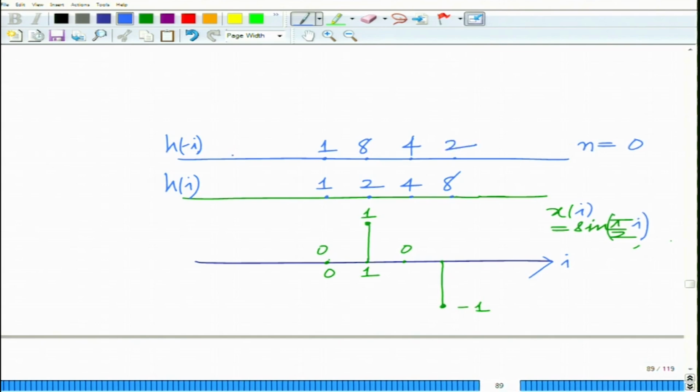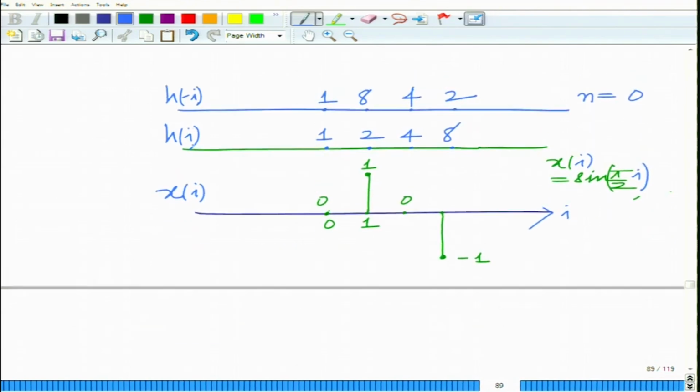So, this is your h of minus I. Now, corresponding to n equal to 0, I have x of I into h of minus I modulo 4. So, you can see 0 into 1 plus 1 into 8, if you multiply the corresponding terms, plus 4 into 0.